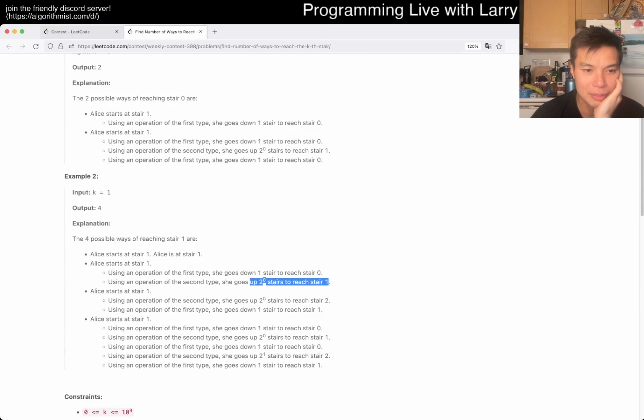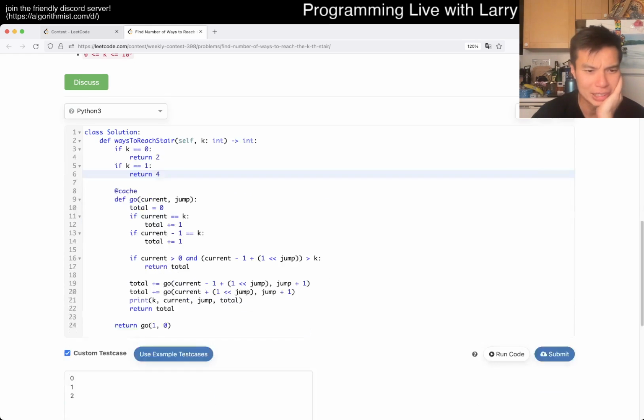Okay, that's 1 step. We go to 2. Or we do the dupe. We go to 1, and then we do. That's 2. What is the third way? We do 1. Third way is start at 1, go to 0, we add 1, we go to 0, we add 2. What's the third way? Is this right?